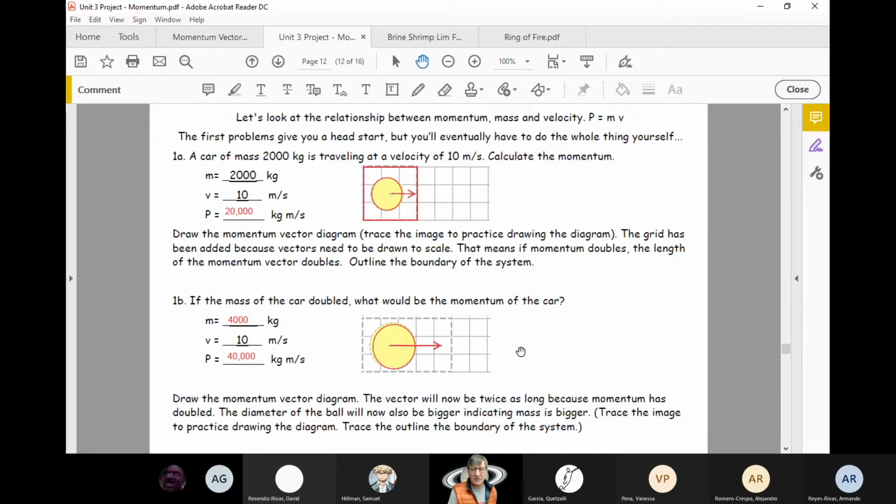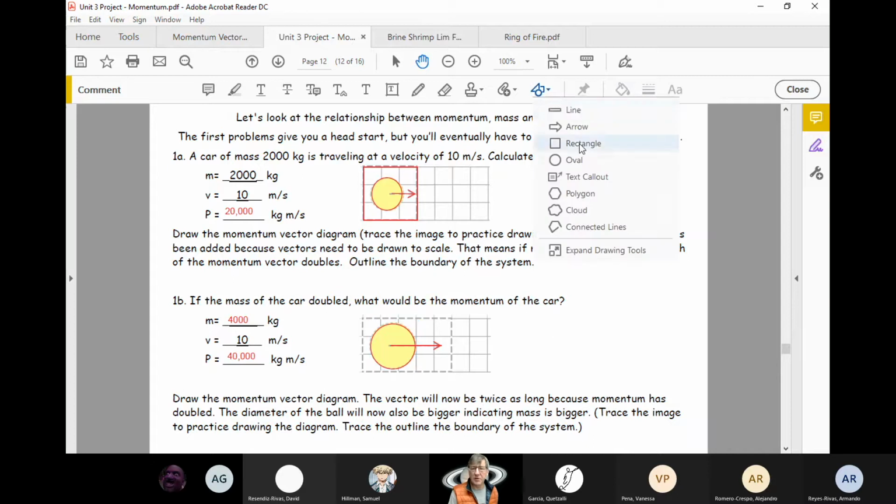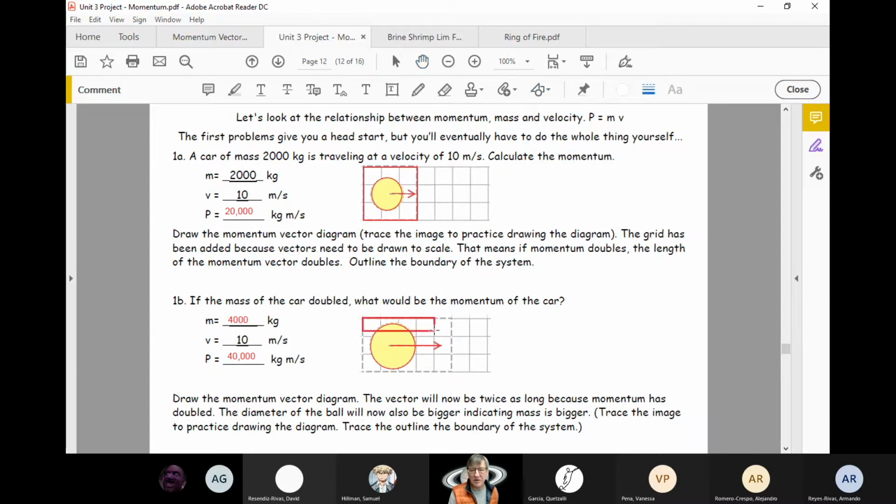As a result, the boundary of our system is also bigger because it's a bigger object, a bigger car in this case, and it's going to move further. It has a greater momentum. We need to make the boundary big enough to enclose that thing. Okay, that takes care of 1B.